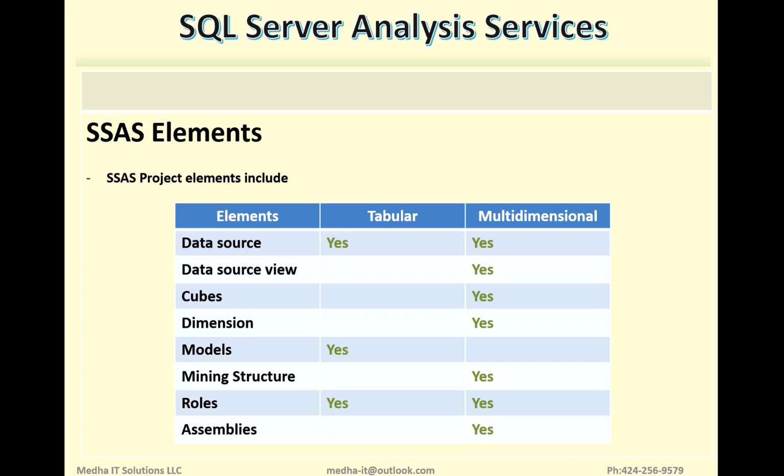So, the user experience will be more or less the same. But while building the tabular model, you do not need to worry about all the other stuff we need to worry about in the multidimensional model, like data source views, cubes, dimensions, and all. Okay. So, these are the three components available within a tabular model.